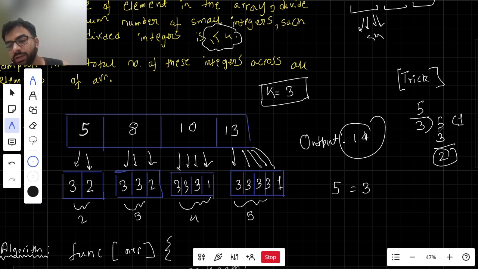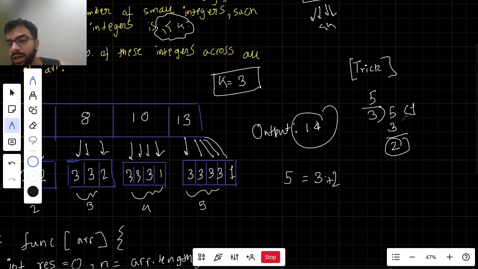Okay, along with that, I'm going to put another value, which is 2. That makes it 5, right? But how is this coming? Let me do the division. In case of numbers which are not divisible by k, and divisible by k.